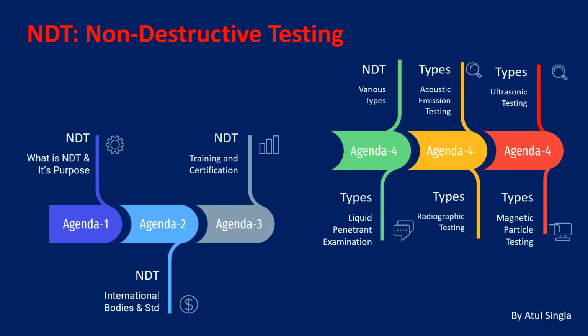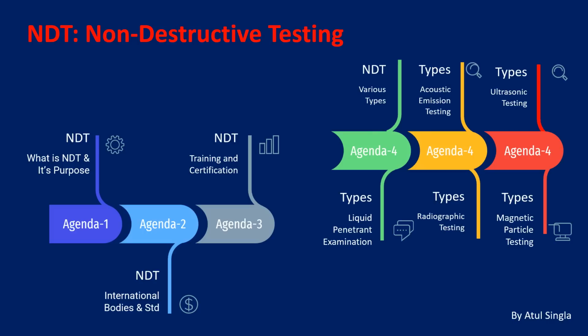So in this section we tried to cover the basics of non-destructive testing. First of all, we tried to understand the basic definitions, its purpose, then the various international bodies and standards involved, then the international organizations providing training and certification for non-destructive testing.